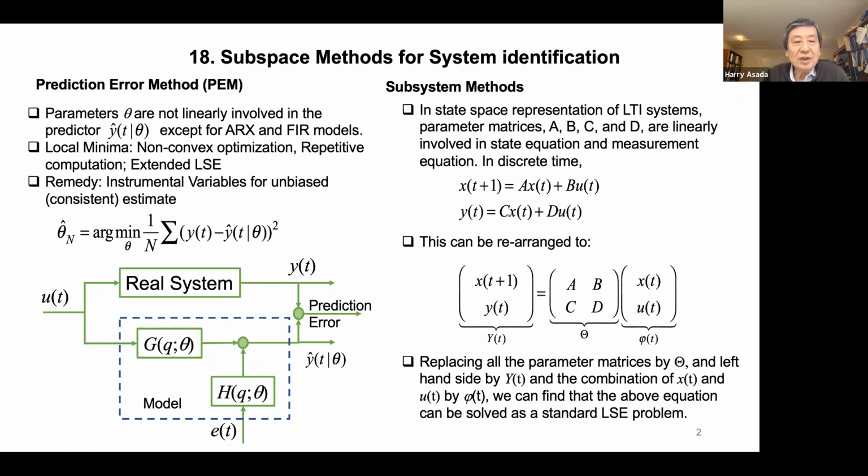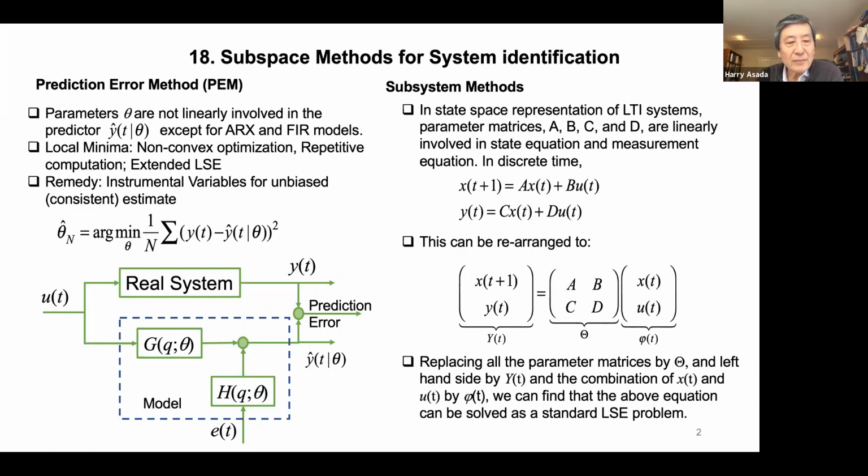But it turns out that the parameters involved in the transfer function G and the noise dynamics H are non-linearly involved in the regressor. So you have to deal with a non-convex optimization problem. And it turns out that you can't use the standard least squares estimate. Instead, we extend it, needing some repetitive computations, right? But the hard part is really the non-convex optimization. You may get stuck at a local minimum, right?